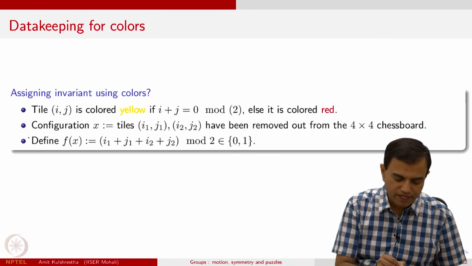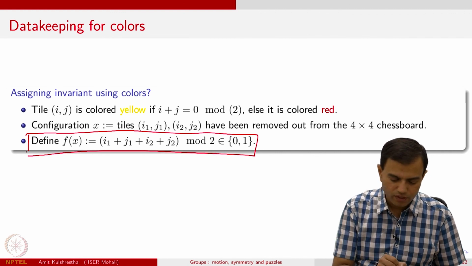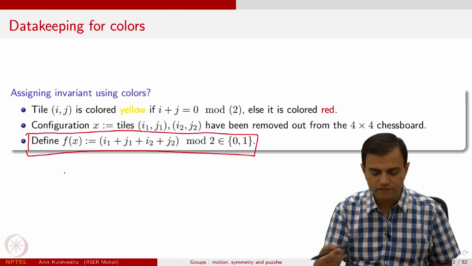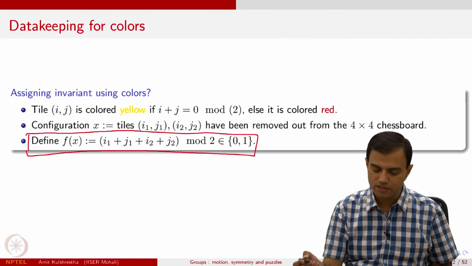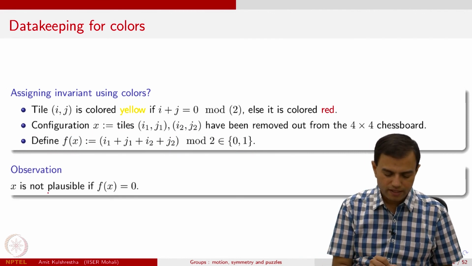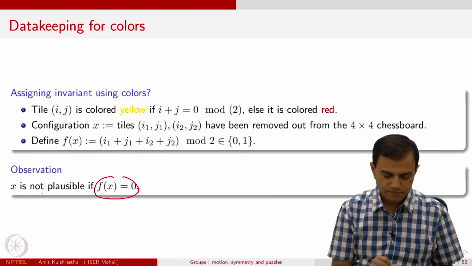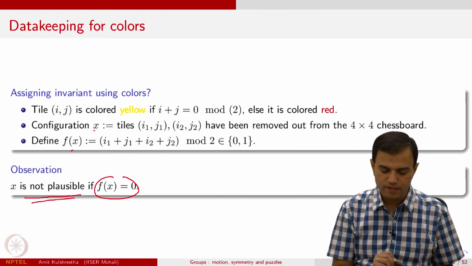And then if you define the invariant associated to be f(X) = i1 plus j1 plus i2 plus j2 mod 2, that resolves the problem. And the observation would be that if f(X) is 0, then that particular configuration X is not plausible.